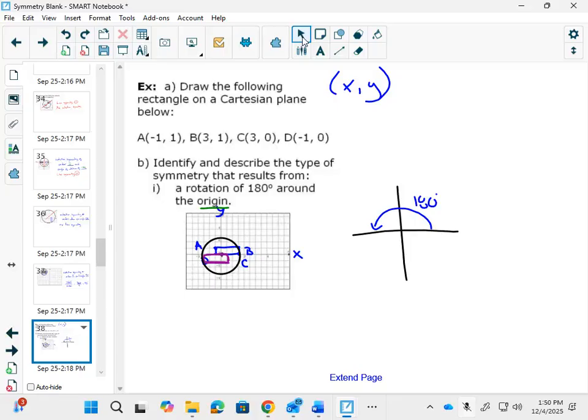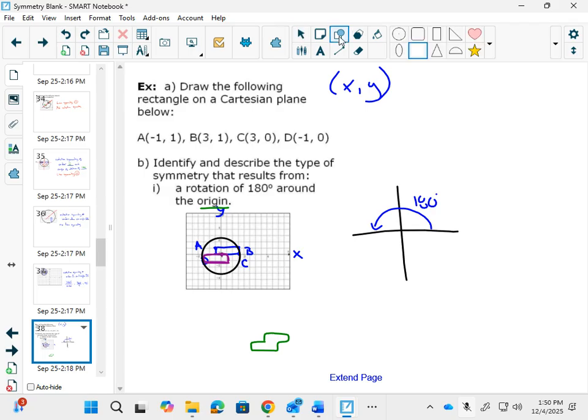Now, does the new shape have rotational symmetry? If I draw the new shape with both of them together, does it have line symmetry? Does it have rotational symmetry?